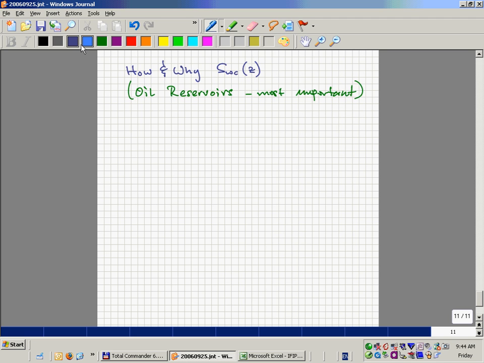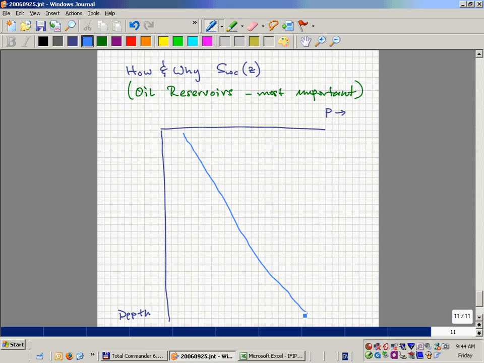It works like this. On Monday we talked about the fact that if we plot pressure versus depth, initially when we find the reservoir, the water pressure versus depth will follow a straight line.